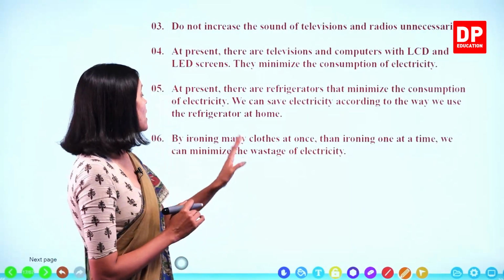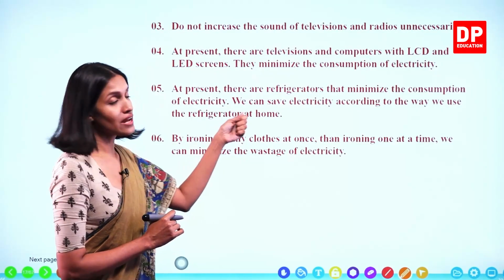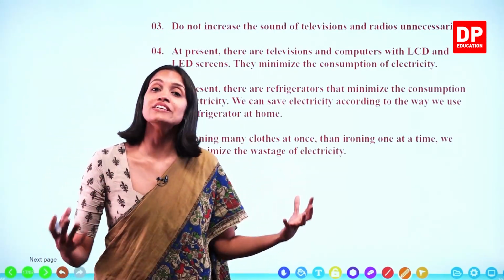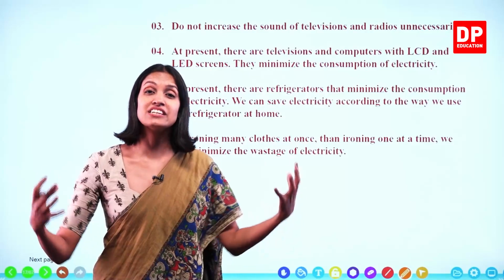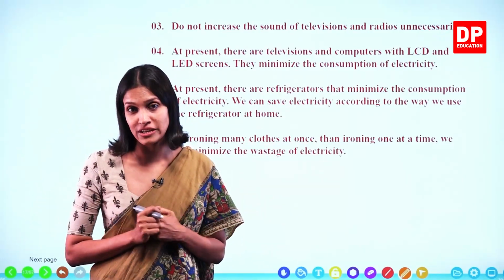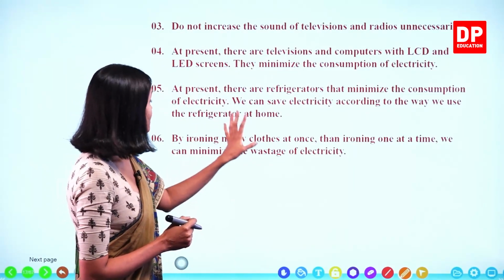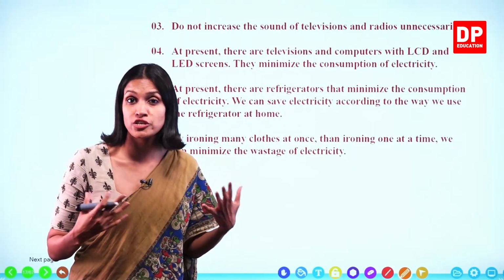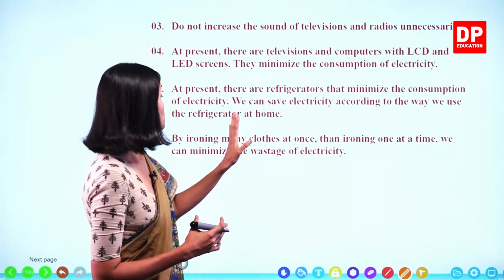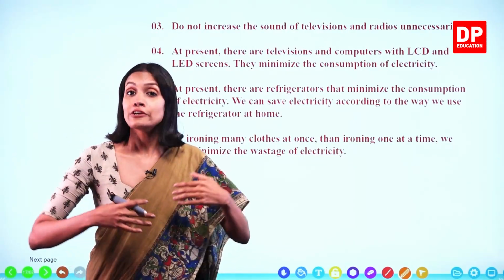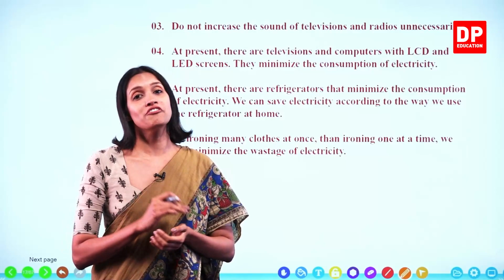So when we switch on the iron from time to time, each time it consumes a large amount of energy to get heated up. Therefore, if you iron all the clothes at once, as much as you can, you can save a large amount of energy.